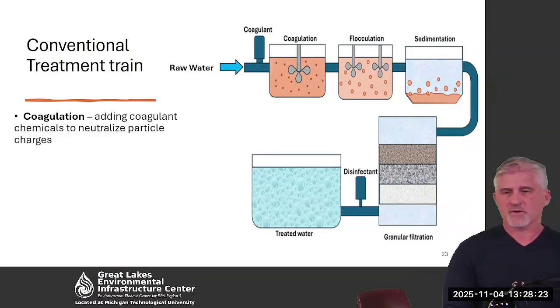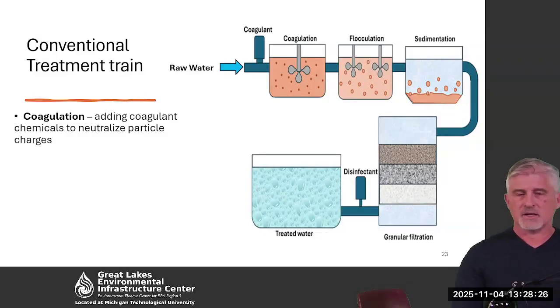For surface water treatment, there are two main types of treatment involved. We've got conventional treatment, which we're looking at on this slide. Conventional treatment is where we take our raw water and add a coagulant.